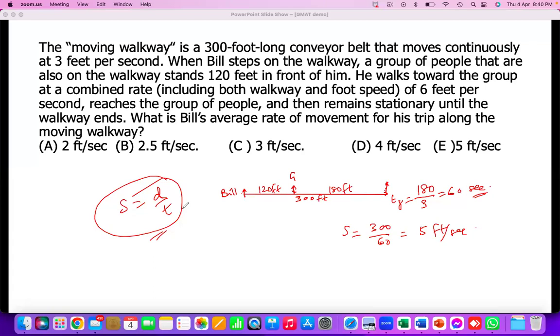The 6 feet per second is not used here, right? If you want to use that, of course you can solve the question using that information also, but that will be too lengthy. You will have to apply the concept of relative speed also, and see when Bill is going to meet the group, and then after when he is with the group, how much time they take together to finish the journey.